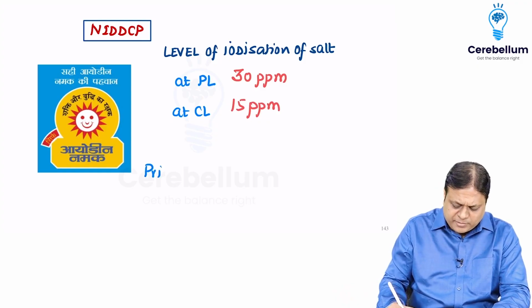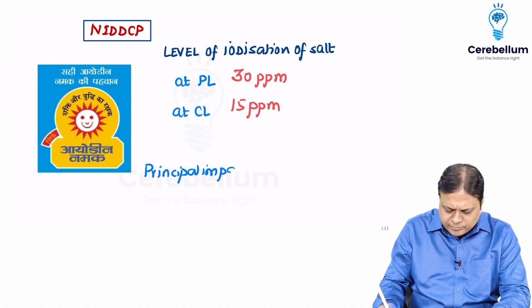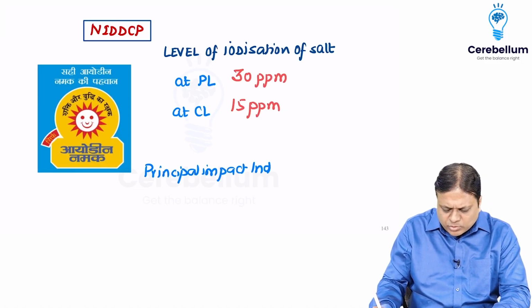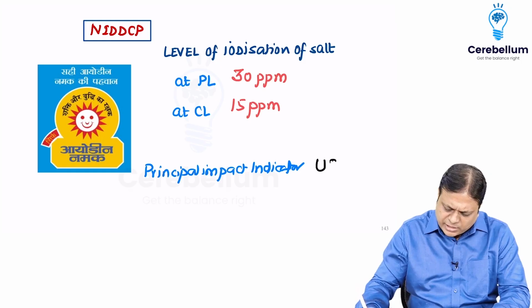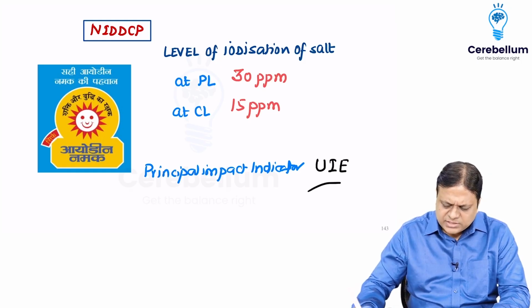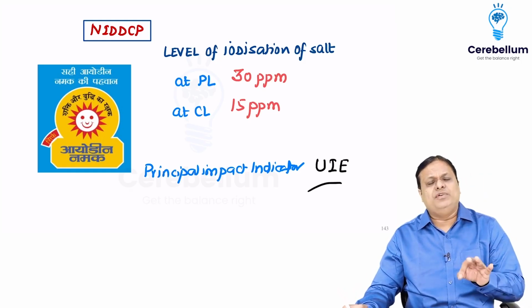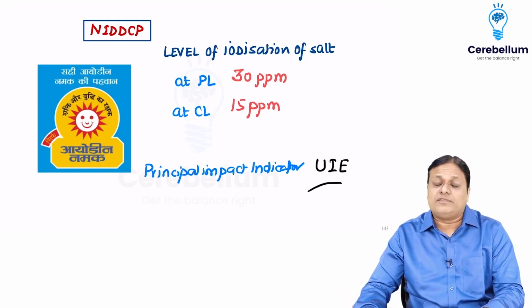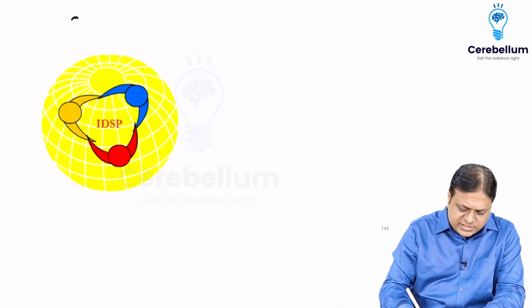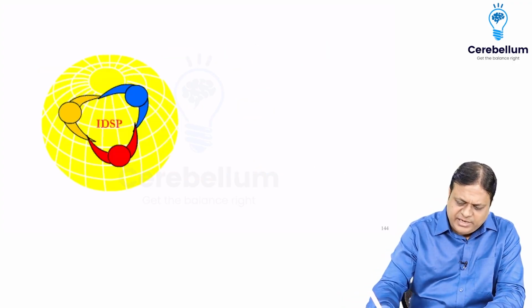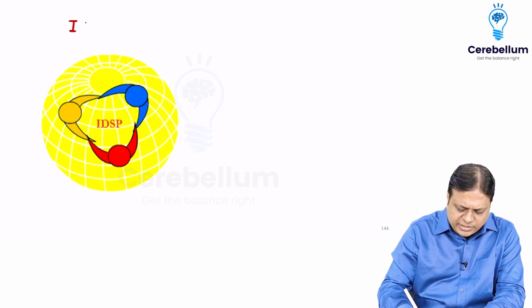If you look at the principal impact indicator of this program, that is urinary iodine excretion levels measured in pregnant females over a 24 hours period.